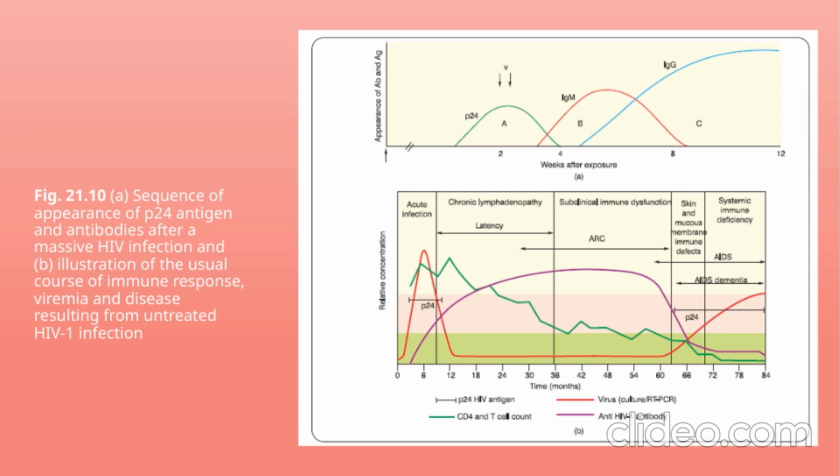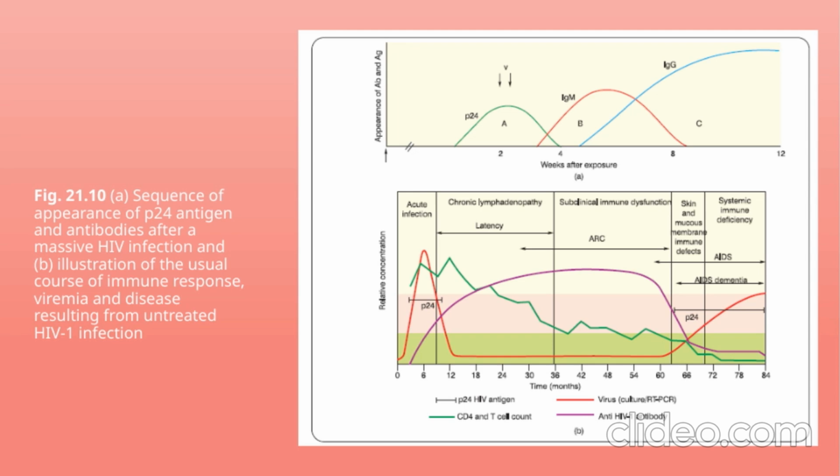Moving to Part B, we see an illustration of the typical course of immune response, viremia, and disease progression in untreated HIV-1 infection. Early on, there's a rapid increase in viral load, or viremia, which triggers the immune system to mount a response. Over time, you can see that the immune response initially controls the virus somewhat, but if untreated, the infection persists, leading to a decline in immune function and progression to AIDS.